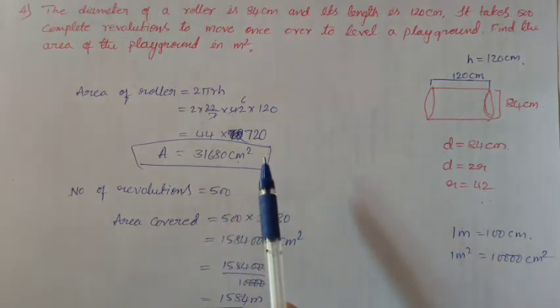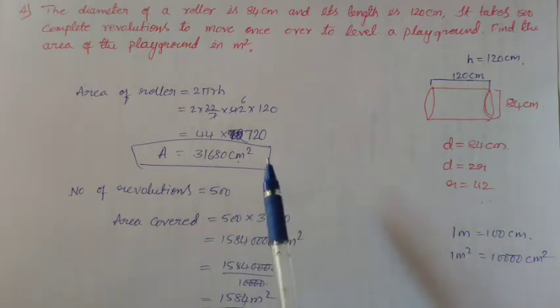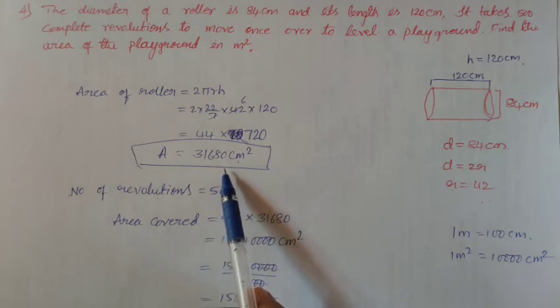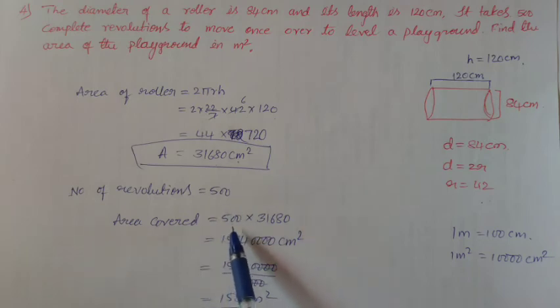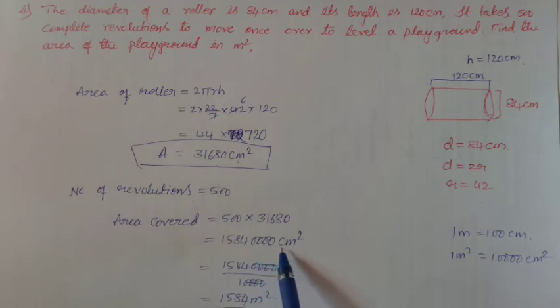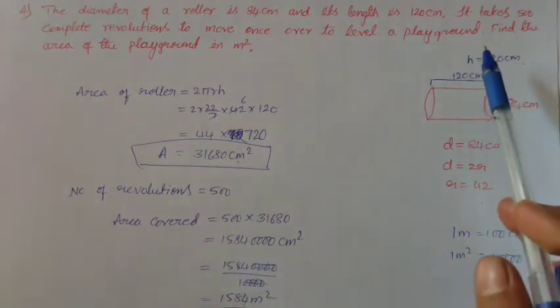One roller area is one complete revolution area, that is 31680. So the total area covered by the playground is 500 revolutions into one roller area. You multiply by 500, we get 1580000 centimeters square.